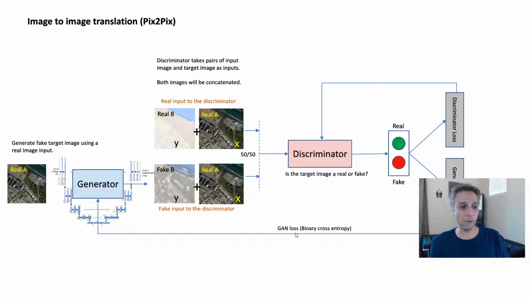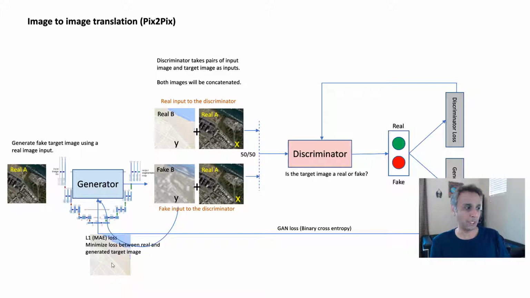But in addition to the regular binary cross entropy based GAN loss, we also have another loss that goes into the generator, called L1 loss. L1 is the mean absolute error between the fake image the generator generated and the actual corresponding image to that real image, which is our maps image, the target image.